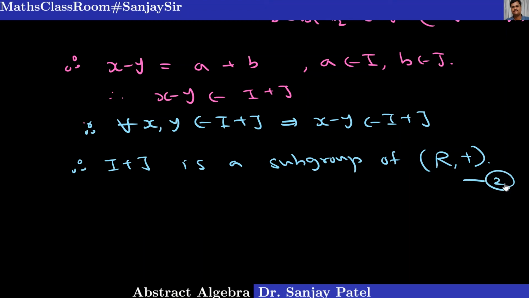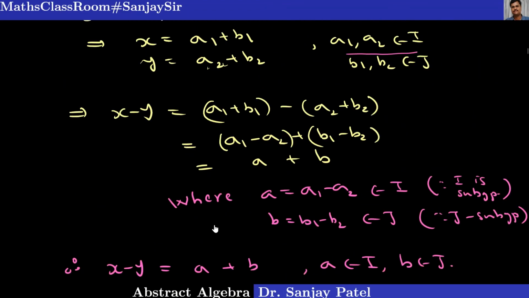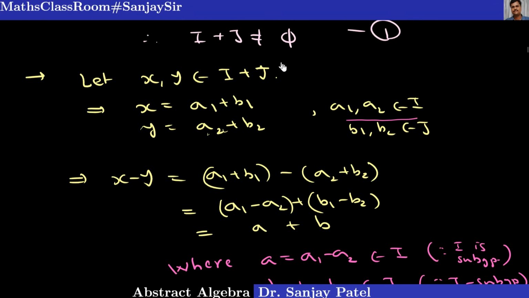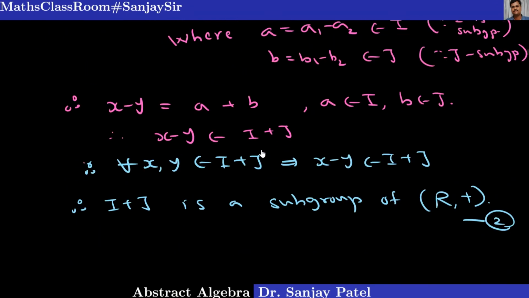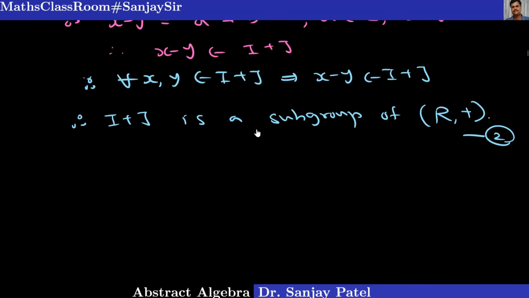So this is my second result. The first result is that I plus J is non-empty, and here I have proved that I plus J is a subgroup of plus.